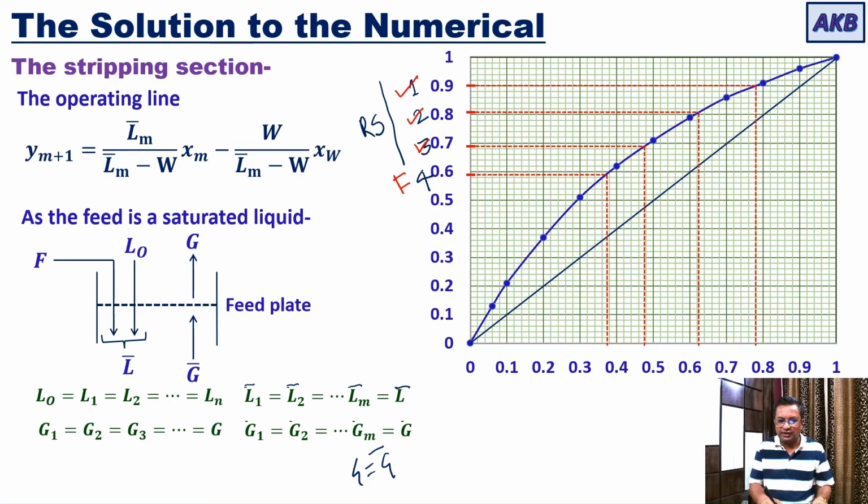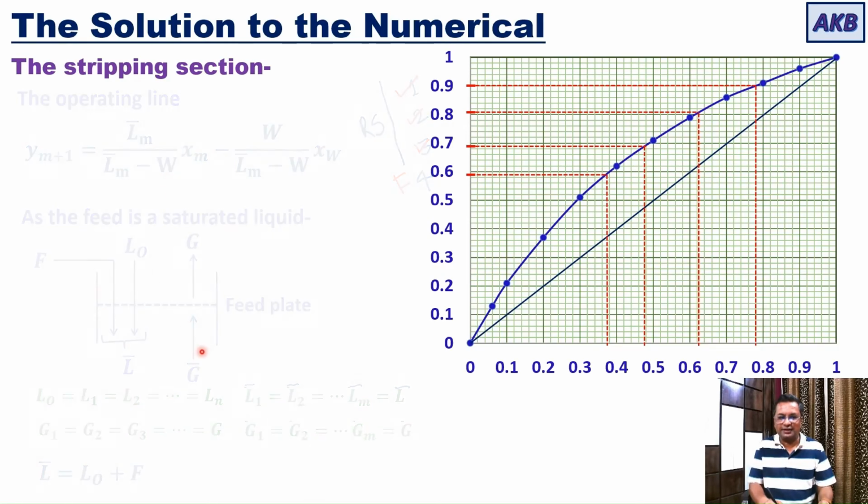So in this case, when the feed is a saturated liquid solution, you get L bar equal to L0 plus F. So L bar is the addition of the feed, which is saturated liquid, and the reflux stream. And with this assumption of equimolar overflow, in the equation of the operating line we are going to replace L bar m by L bar, because L bar m is equal to L bar m plus 1 under equimolar overflow.